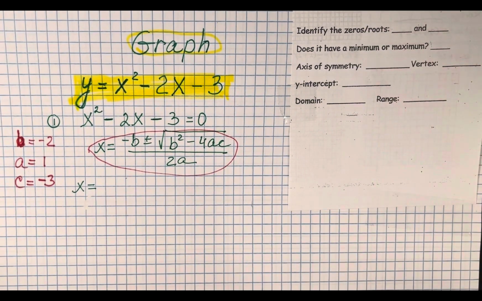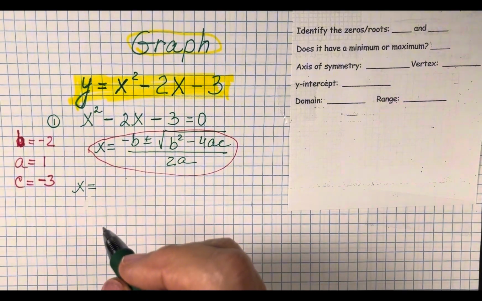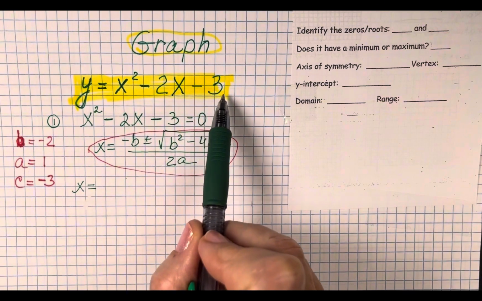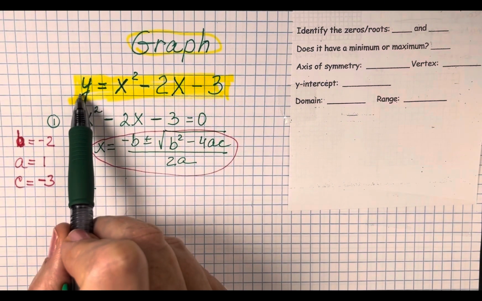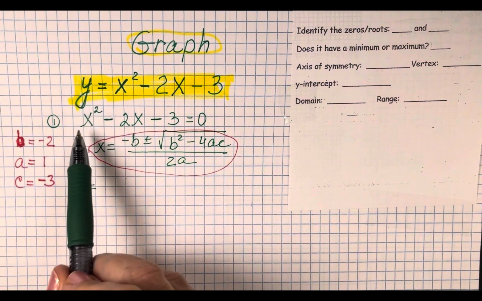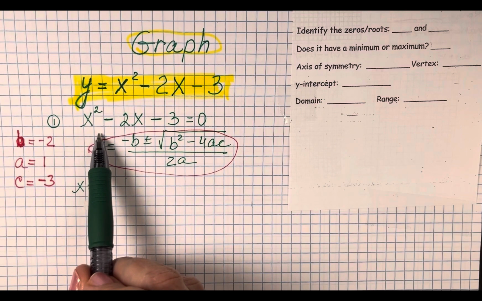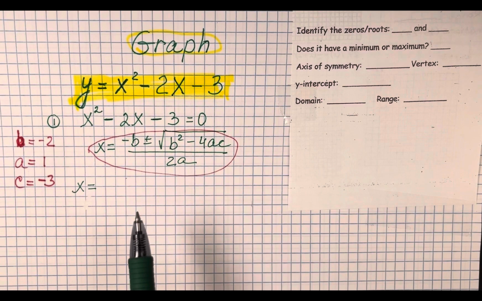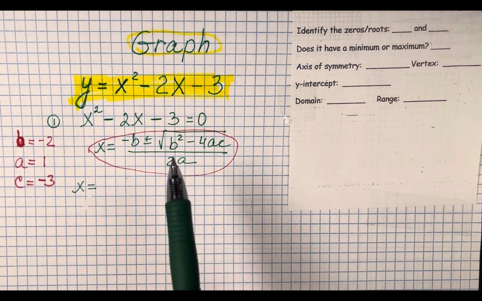Find zeros. What does this mean? We need to find x-intercepts. In other words, we're going to set the given function equal to zero, where y equals 0. So we're writing this quadratic equation in standard form. Remember, we were studying solving quadratic equations by applying the quadratic formula.